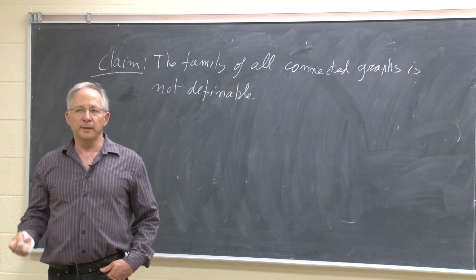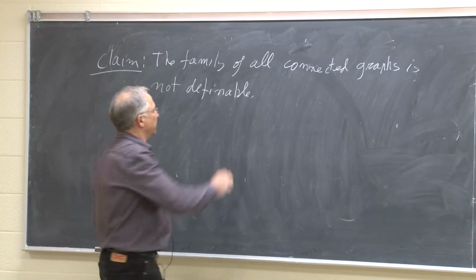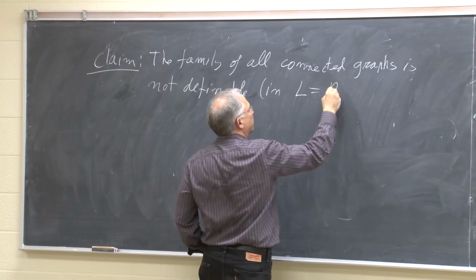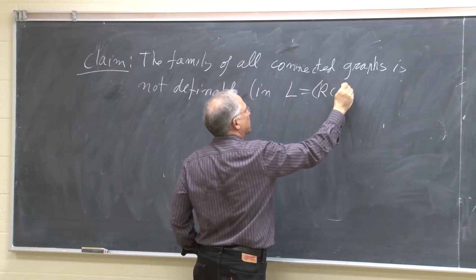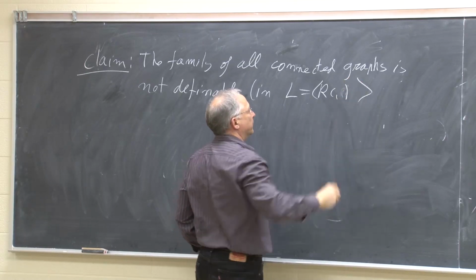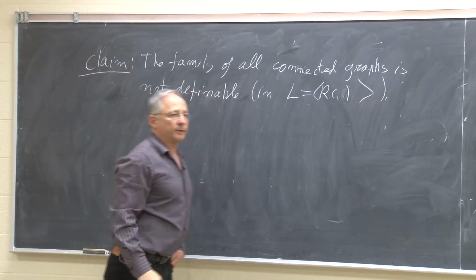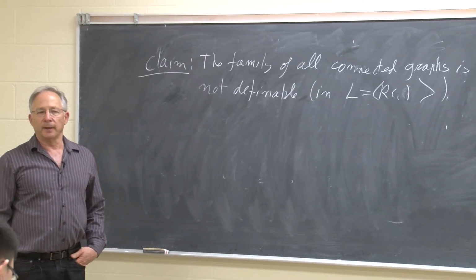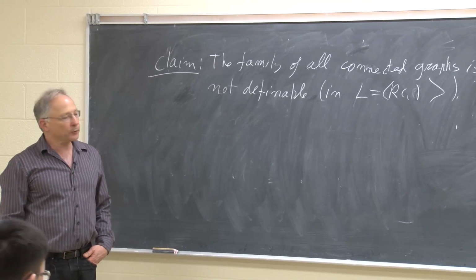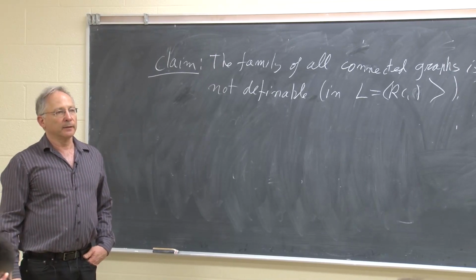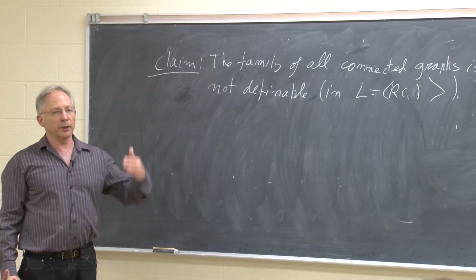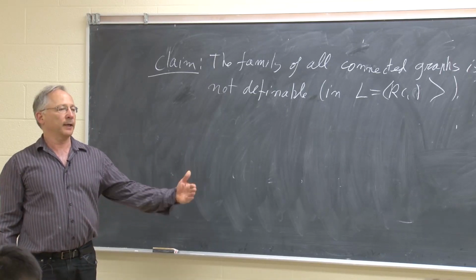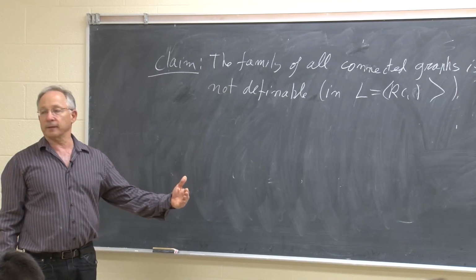This is in the language L that just has one two-place relation for the edges of the graph, as we have seen before when we discussed graphs. So there is no set of formulas such that all the connected graphs satisfy it, and every graph that is not connected does not satisfy it.